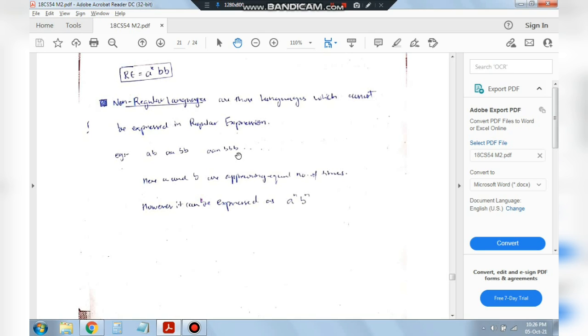If I use 0 or more for both a and b, I can also have the string aaabb, right? But that is not valid. So whichever language I cannot express as a regular expression is called a non-regular language. To express that, we will use n. This one can be expressed as a raised to n and b raised to n for all values of n greater than or equal to 0.